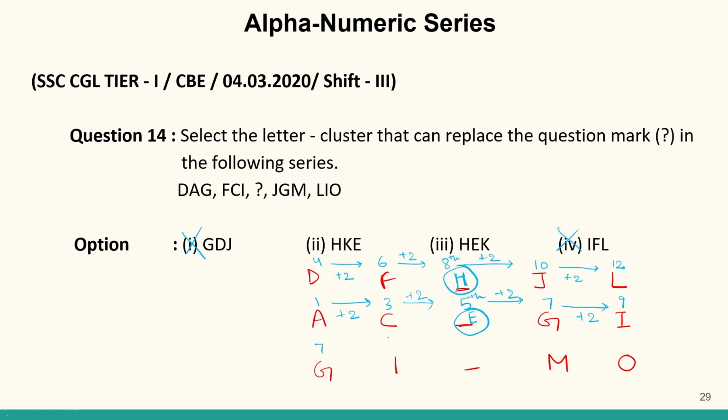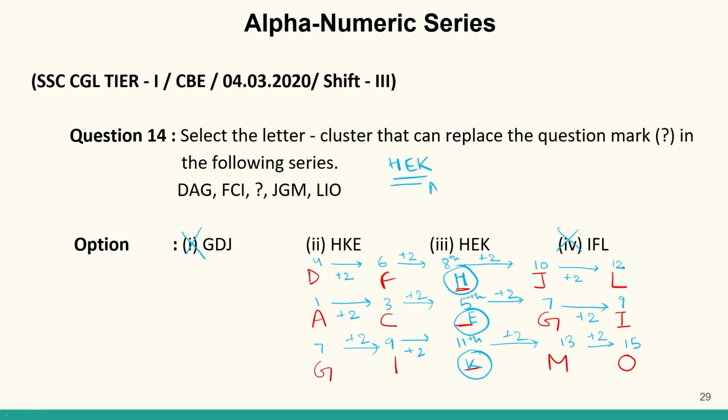G is 7th rank, 9th rank, M is 13th rank, and O is 15th rank. So here also we are going plus 2. Here also we are going plus 2. So again, if we go plus 2 over here, we'll get the 11th rank, and plus 2 over here, we'll get the 13th rank. Therefore, the 11th rank alphabet, which is K, will come in this position. So the answer to this question will be H, E, K.